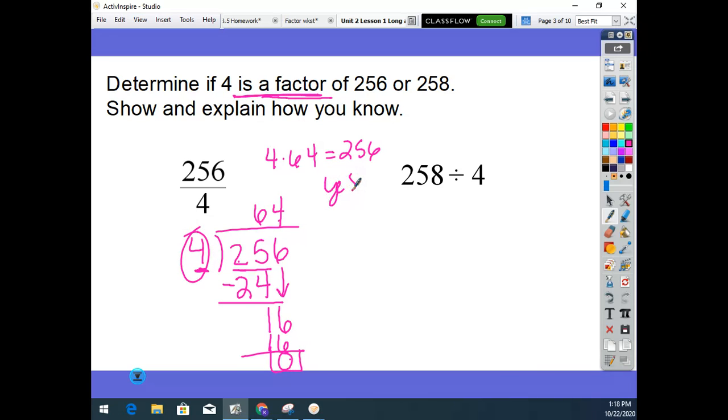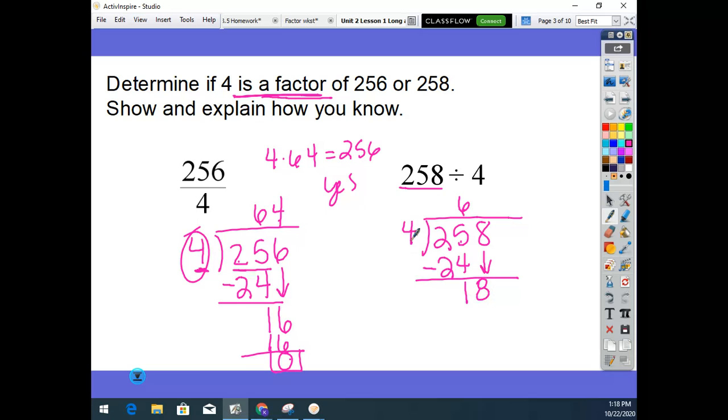Yes, it's a factor. All right, what if we change 256 to 258? Once again, 4 goes into 25 6 times. 6 times 4 is 24. Subtract, bring down the 8. 4 goes into 18 4 times.